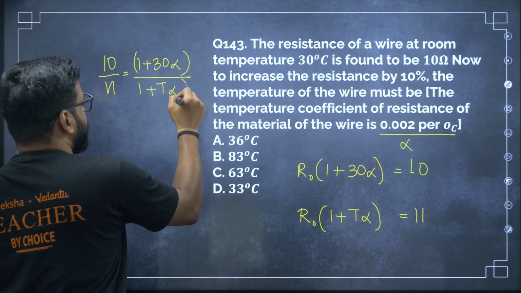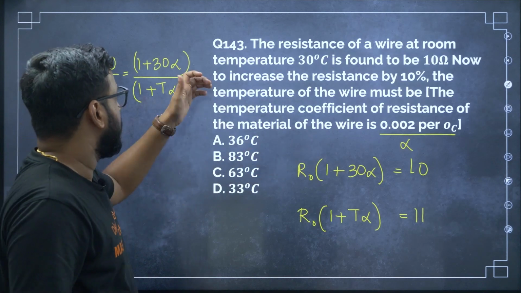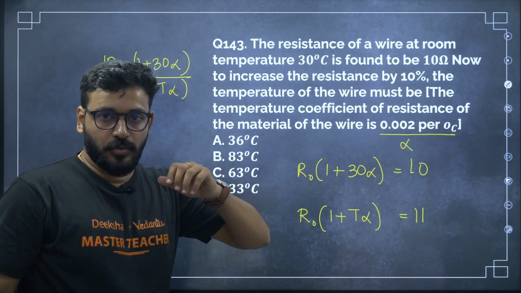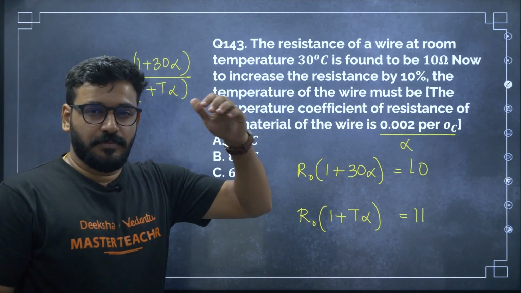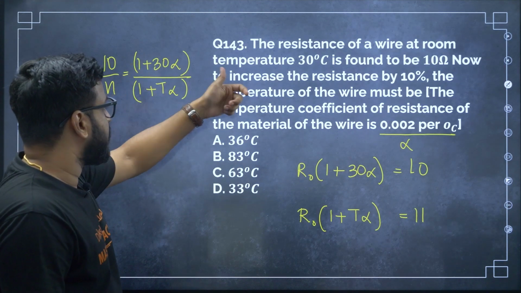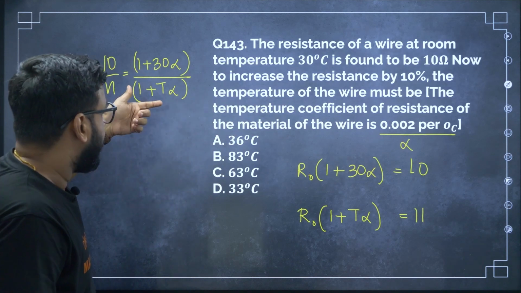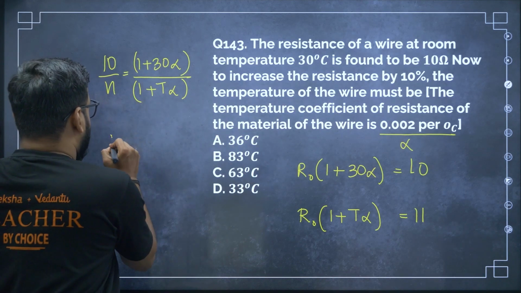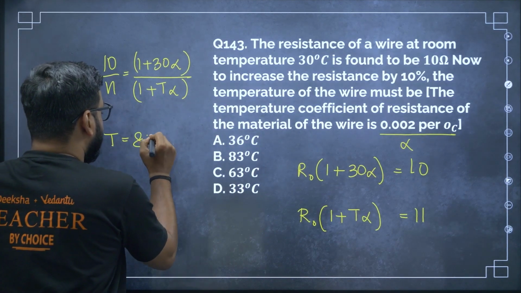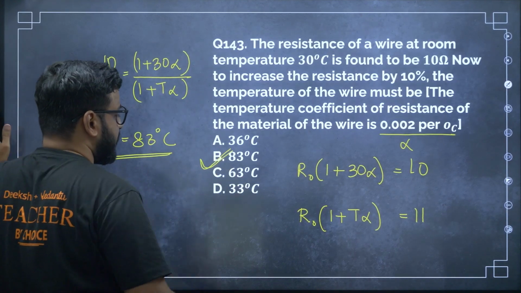Now just solve for T. Substitute the value of alpha, 0.002. It is a slightly lengthy calculation because you have very small numbers, multiple cross multiplication and division. So just cross multiply, substitute the value of 0.002 as alpha, and ultimately you will get the temperature as 83 degrees Celsius.